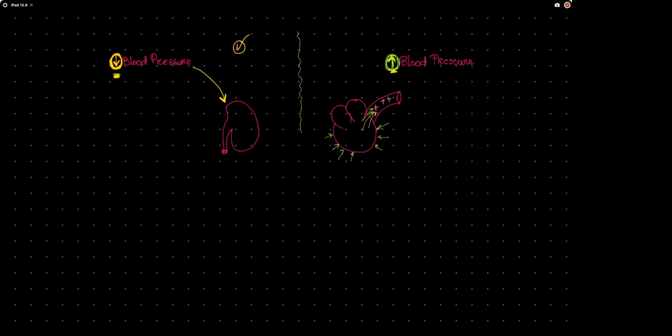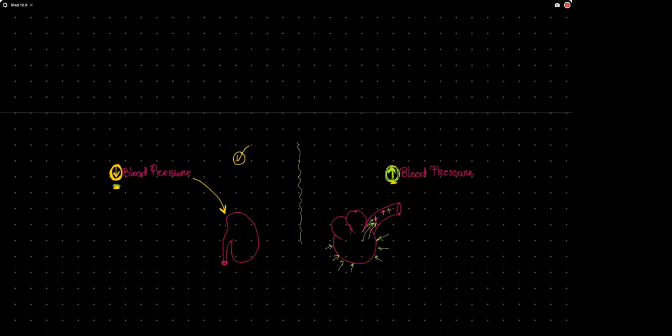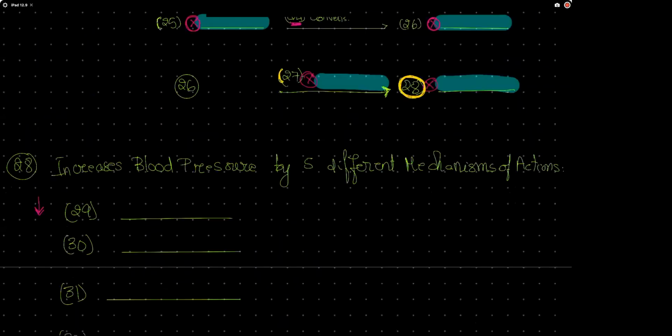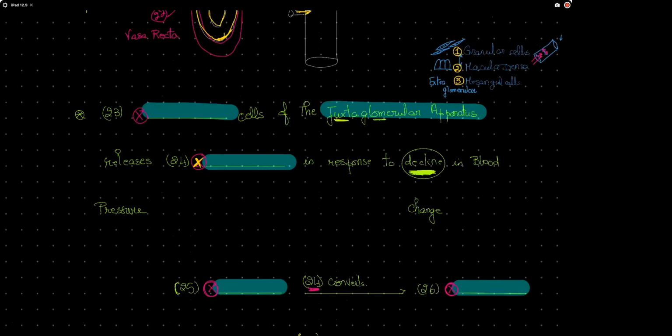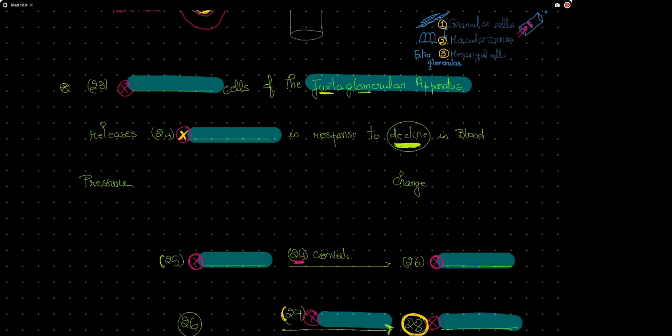I will tell you how the kidney and the heart are responding to the change in the blood pressure, and for you to tell me the kidney is responding to a decline by activating what cells here of the juxtaglomerular apparatus, activating exactly the granular cells. So the granular cells are the ones that are going to be responding.